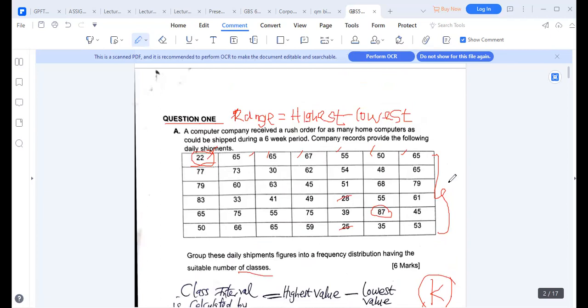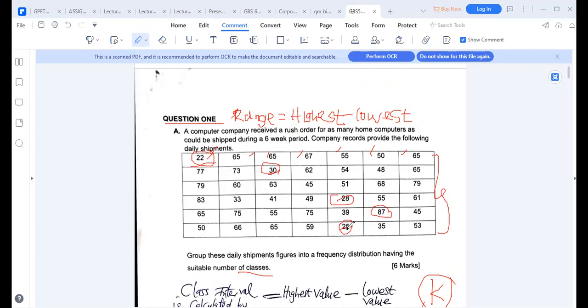Getting down to this, we have 1 in that row, and then there's this other one here. So meaning there are 4 numbers getting down to 22 to 32. So there are 4 of them.